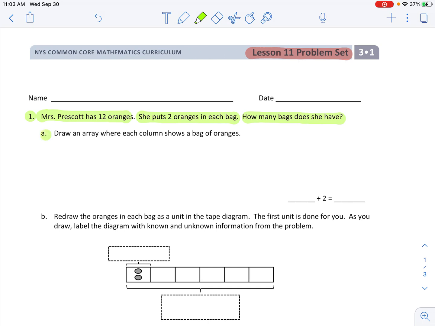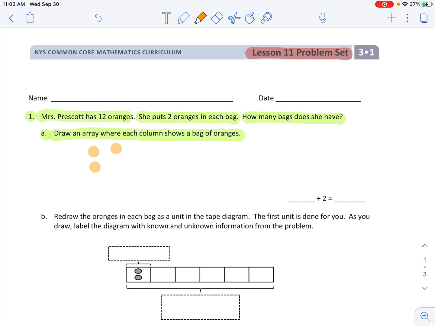Our first part of our problem says, draw an array where each column shows a bag of oranges. So the columns go up and down. If I'm drawing the array where each one shows a bag of oranges, in this first bag, she puts 2 oranges.